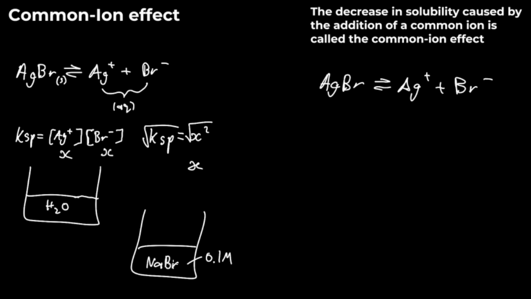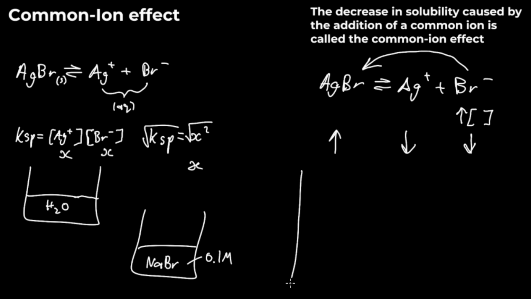Since there's already Br here, the equilibrium is going to shift over to the left because we are increasing the concentration of one of these, which is going to cause these two to go down and this to go up.